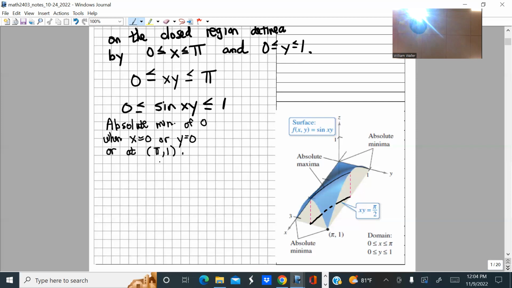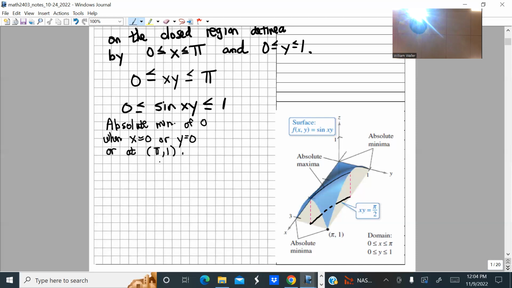So we're only including the surface above this region. But notice, when x is pi and y is 1, the surface comes down to 0. So you have a minimum here of 0, but you also have a minimum along the x-axis right there.